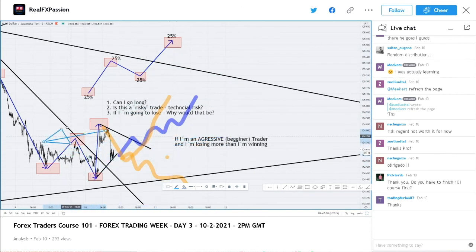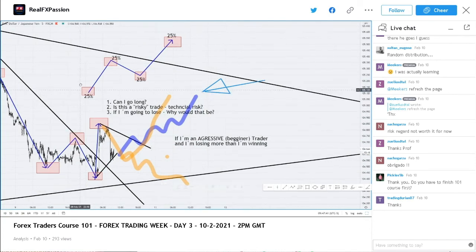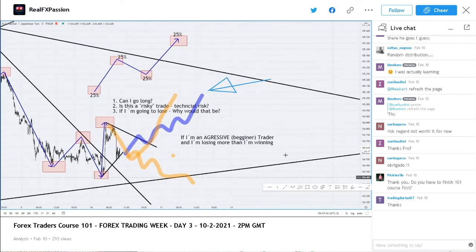If I'm going long on the inverse head and shoulders, and if I lose, what would that be? Because I entered buying here. Come on, TradingView. I entered buying here.